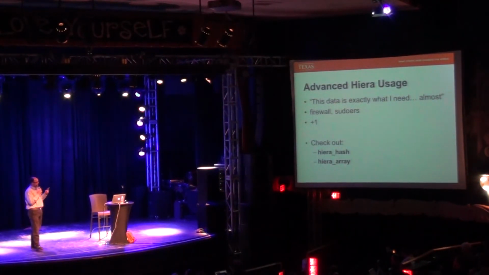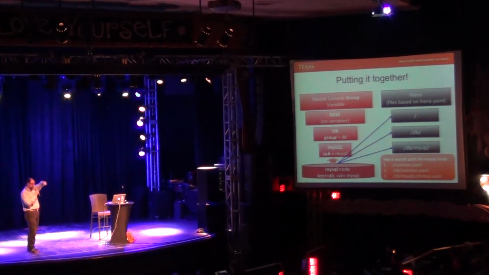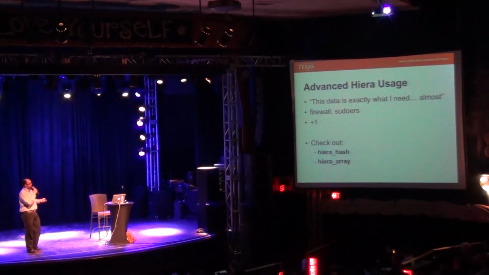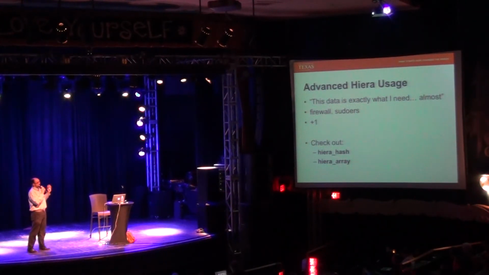But one other thing about hierarchy is that this is one way of using hierarchy. It's kind of a search base and a way of separating configs and fanning them out. But you can also use hierarchy in a slightly more advanced way, which is really handy for a lot of things, which solves that +1 problem. That problem where the data you have in common, you don't want to override it.